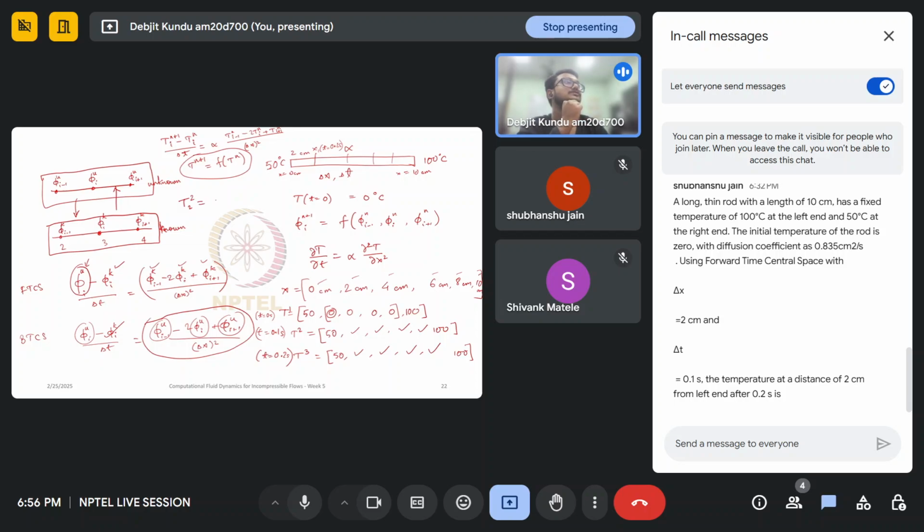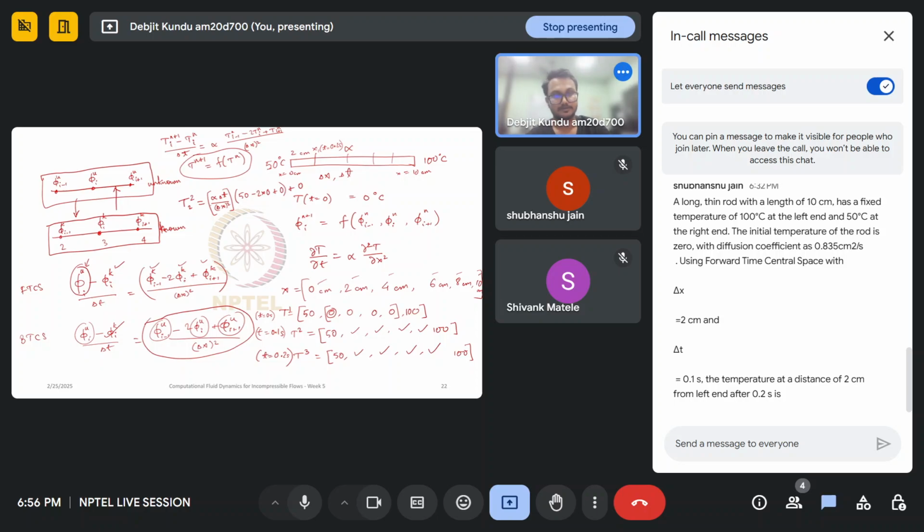So for this one, I'll have alpha delta t divided by delta x squared. These are all known things, by the way. You know the numbers. And over here, I'll have T i minus 1 n, which is 50, then minus 2 into 0, then plus T i plus 1 n, which is again 0.